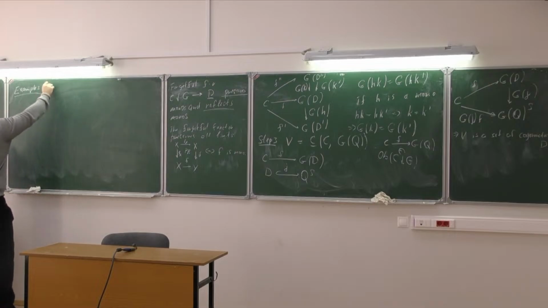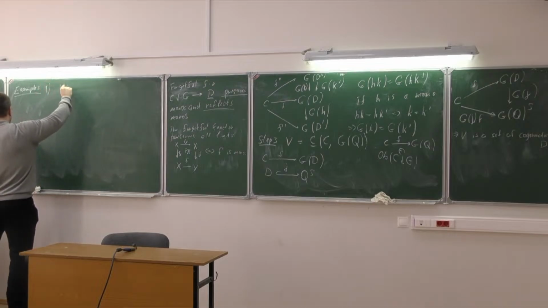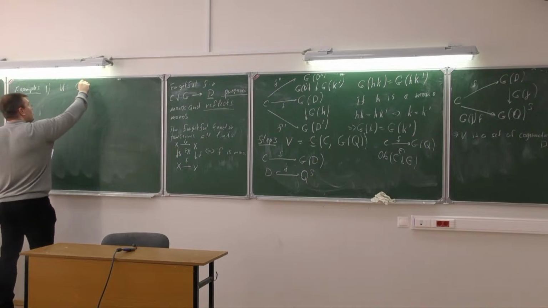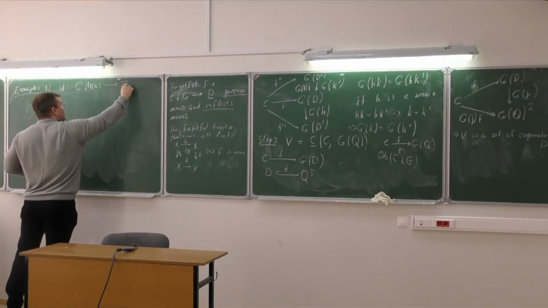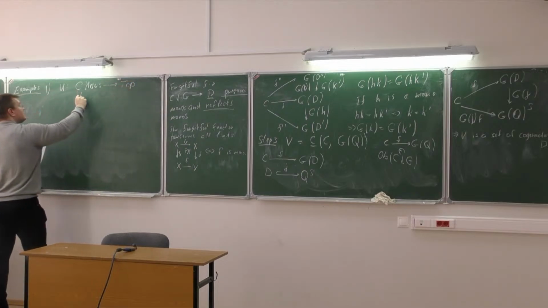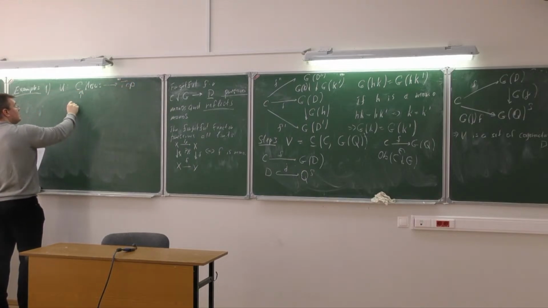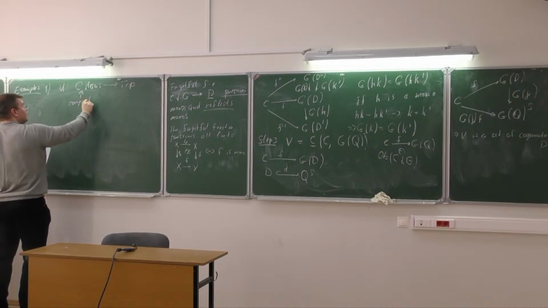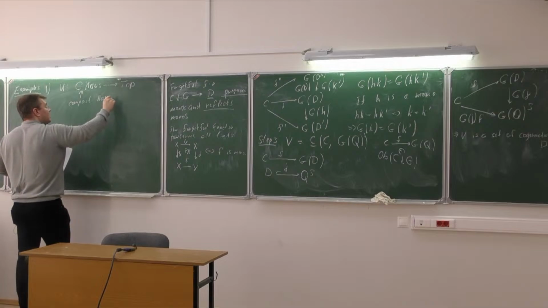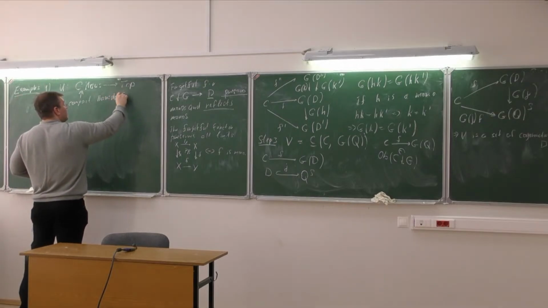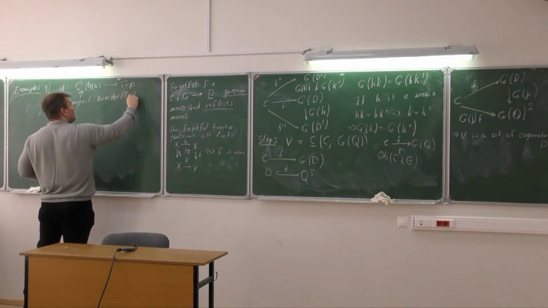First example, we take a forgetful functor U from the compact Hausdorff spaces to the topological spaces. So this CHaus is supposed to be compact Hausdorff topological spaces.